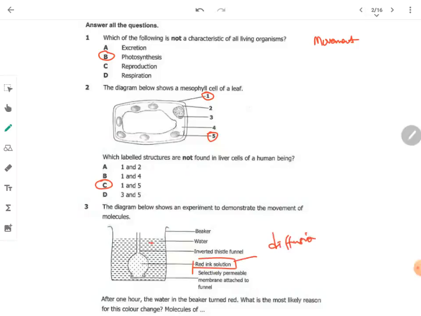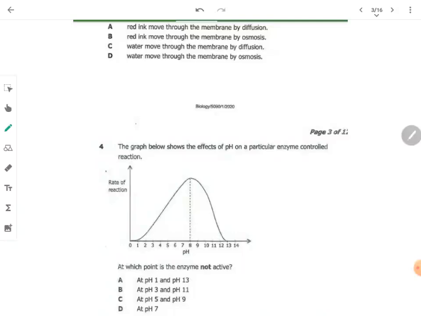That means the ink was going where? Going into the water, and that can only occur by diffusion. So it's red ink moved through the membrane by diffusion, not by osmosis. It's the red ink that was moving to where water is by diffusion.